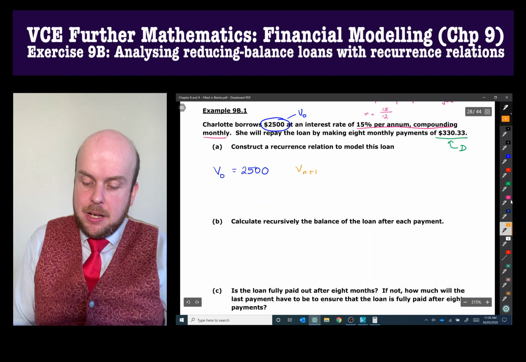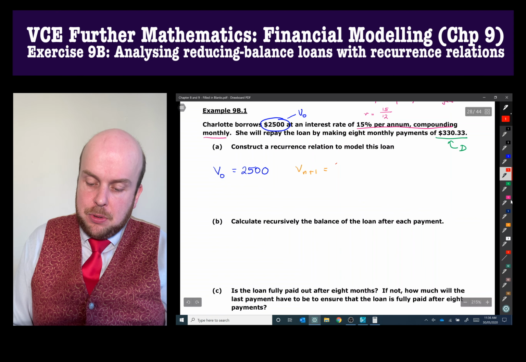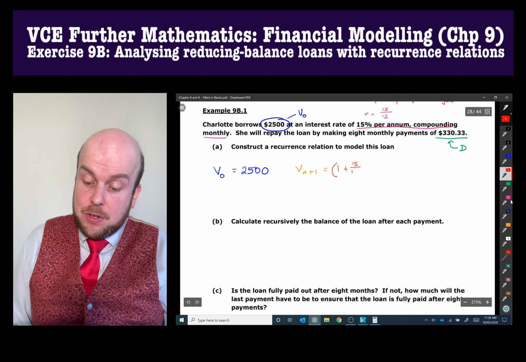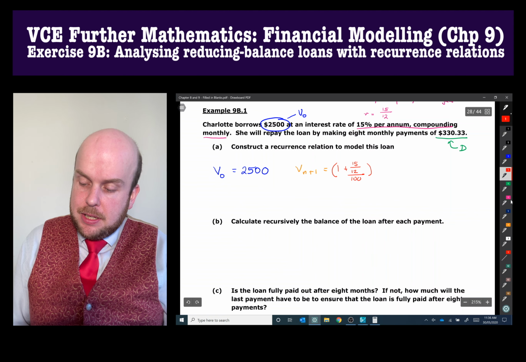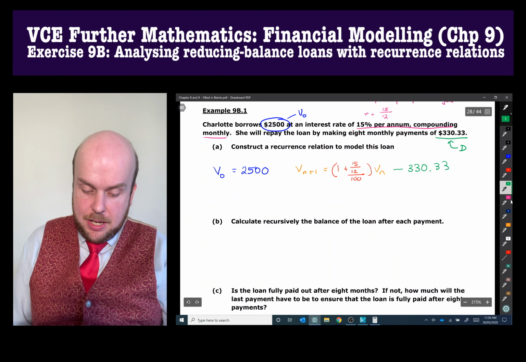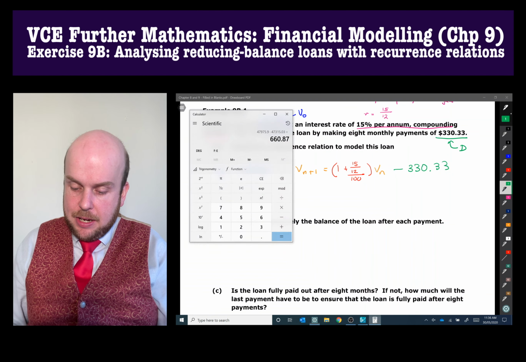Vn plus 1 will be equal to, now remember, R is equal to 1 plus 15 over 12 over 100, times Vn minus 330.33. So all we need to do now is to find out what that is equal to in our calculator.